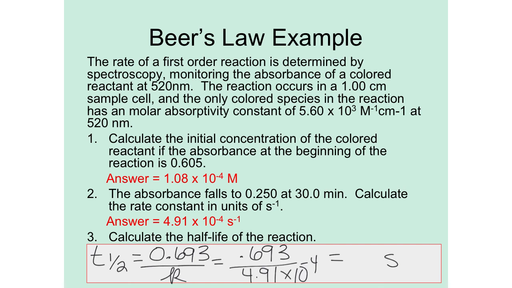All right, once I plug that into my calculator, I get 1,411 seconds. And let's see, how many significant figures do I want? Looks like I want 3 significant figures, so 1,410 seconds would be the half-life, the time it would take for half the concentration to decrease.